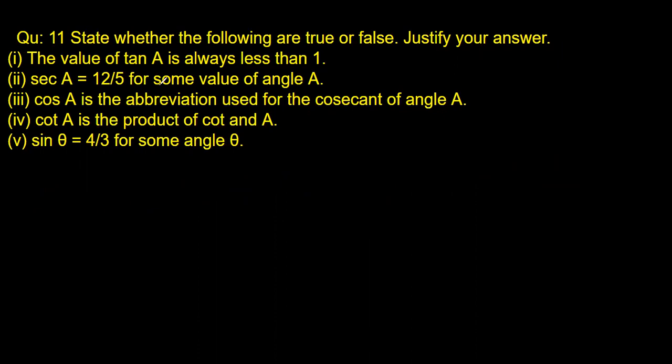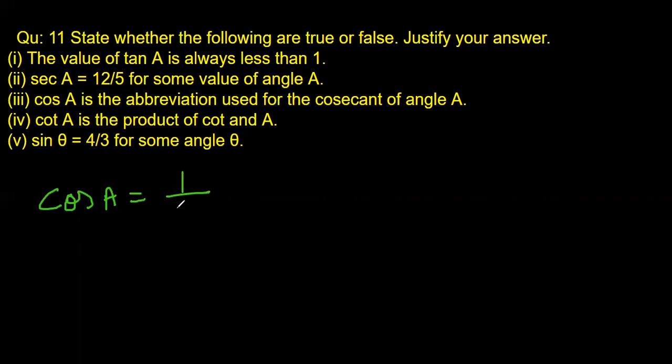Second is sec A is 12 by 5 for some angle A. To justify whether sec A can be 12 by 5 or not, you can first find cos A. We know that sec is the reciprocal of cos and cos is the reciprocal of sec.